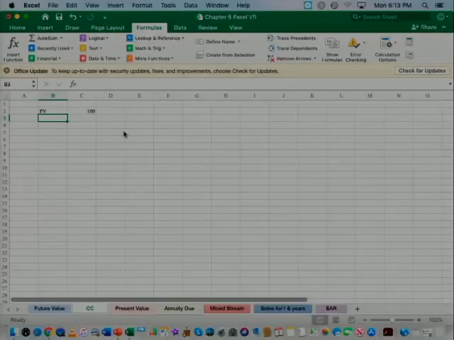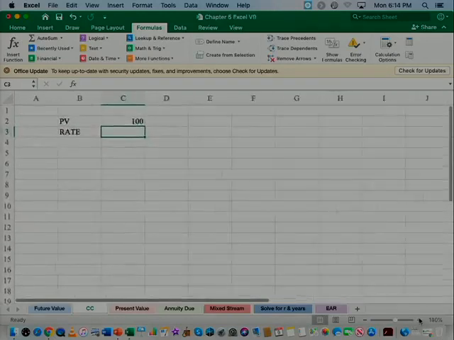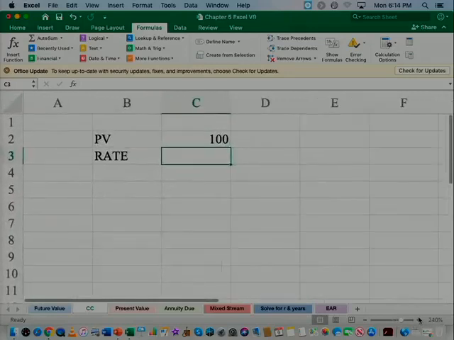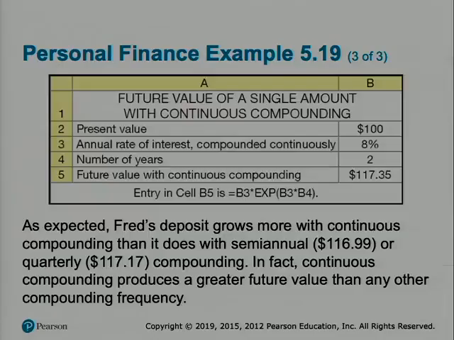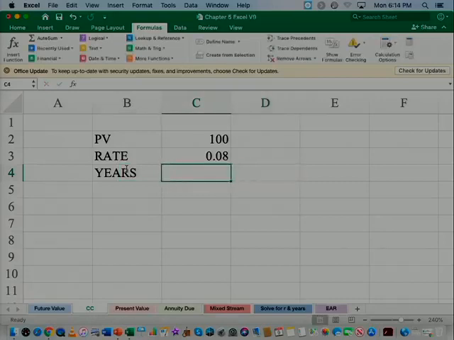The rate, I'm going to make it too small. Professor Nugent, make it bigger. The rate is 8%. And then years is 2.